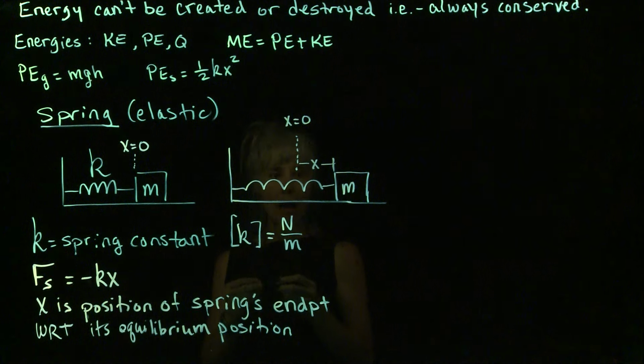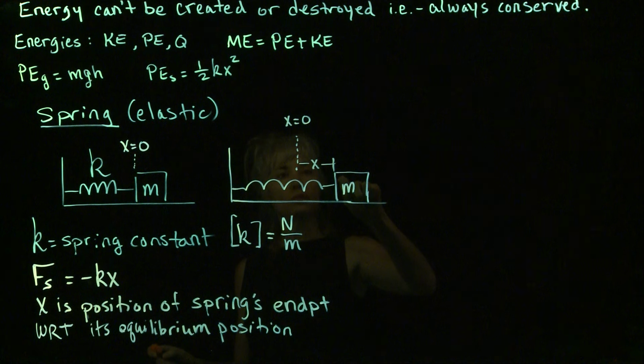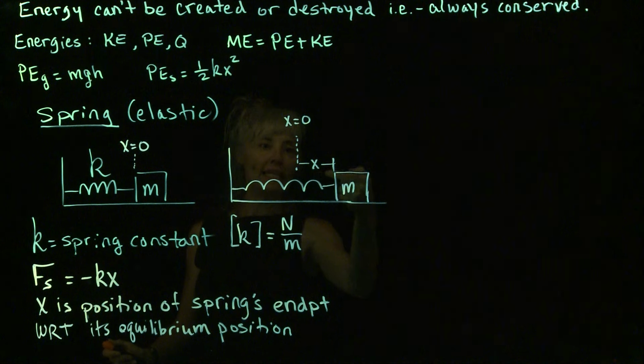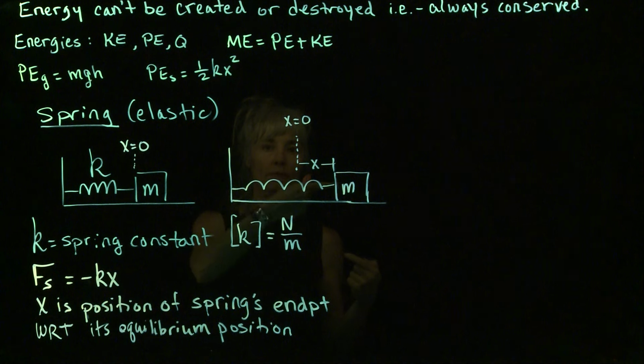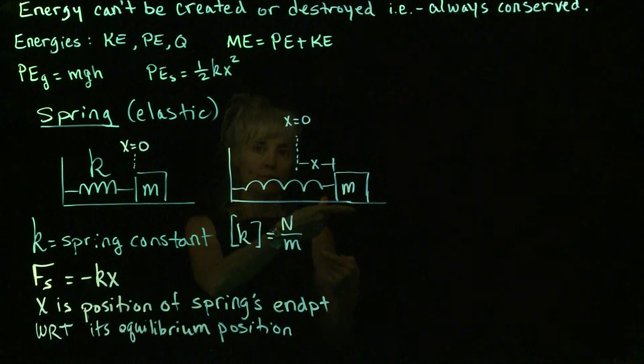So now what happens? Well, we've got a force being exerted on this mass by the spring because we have stretched the spring. And the force exerted by the spring on the mass is in the opposite direction to the displacement of the spring from its equilibrium position.